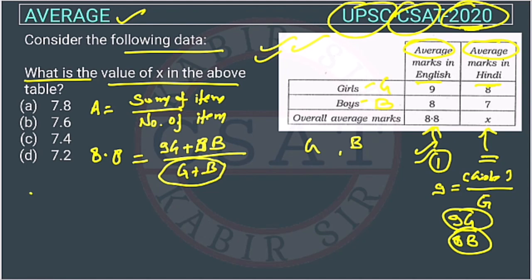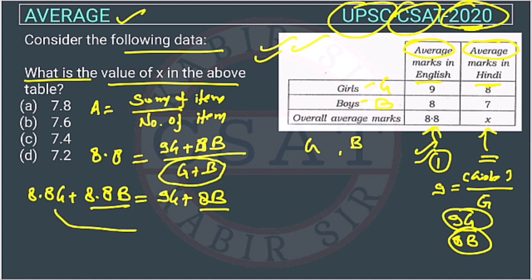So now this will be 8.8G plus 8.8B is equal to 9G plus 8B, right?